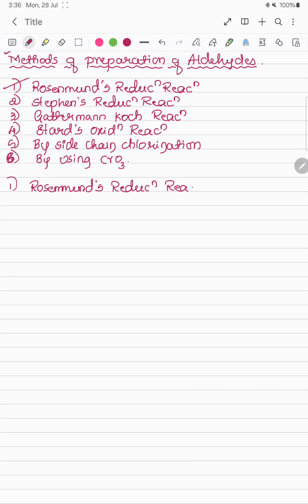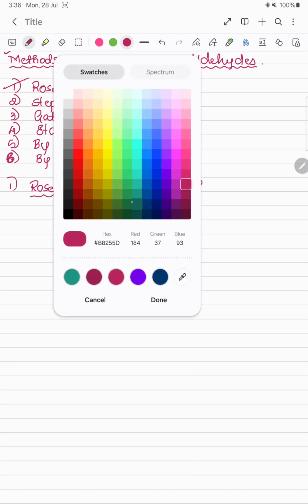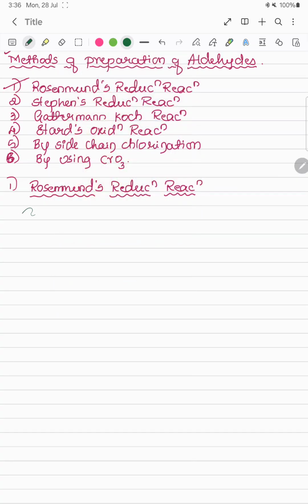So in Rosenmund's reduction reaction, what will happen? This is going to be a very important question for your board examination. Here we are going to take acyl chloride. Acyl chlorides are RC double bond OCl. Acyl chlorides are also called acid chloride.